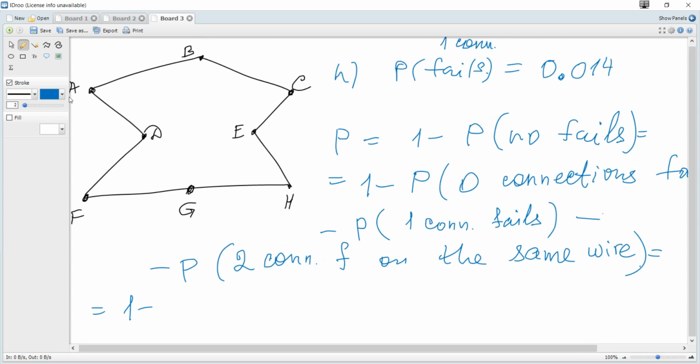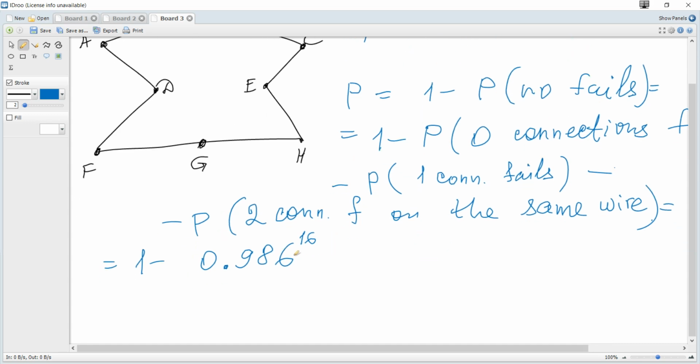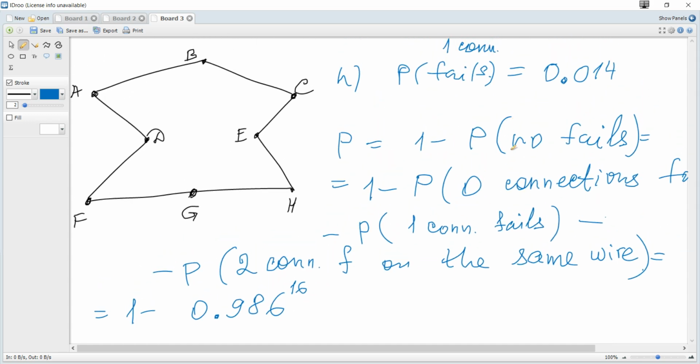And hence it becomes 1 minus probability that no fails, and you can see 1, 2, 3, 4, 5, 6, 7, 8 vertices and 2 connections each, so 16 in total. No fail, if probability of 1 to fail, so no fail is 1 minus this value, to the power of 16. There are no permutations between these 16 events, so all 16 events are no fail.